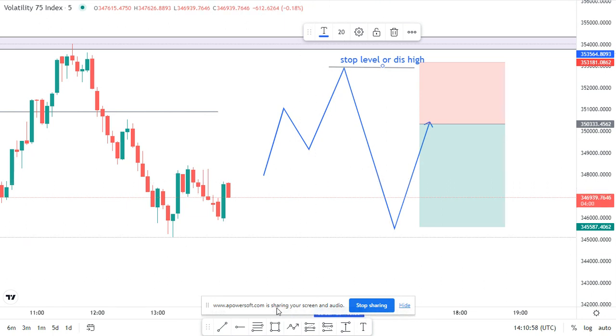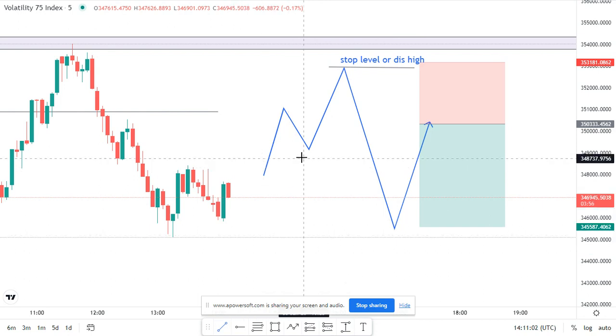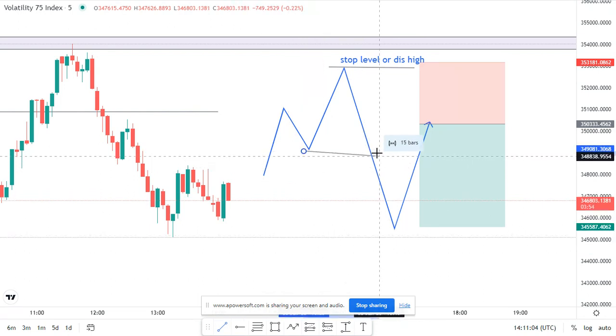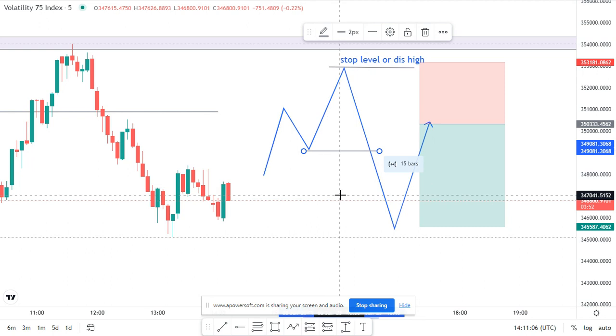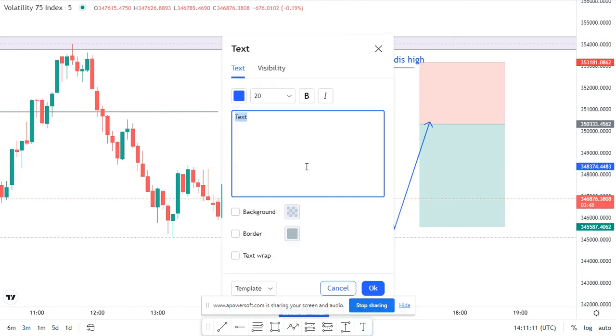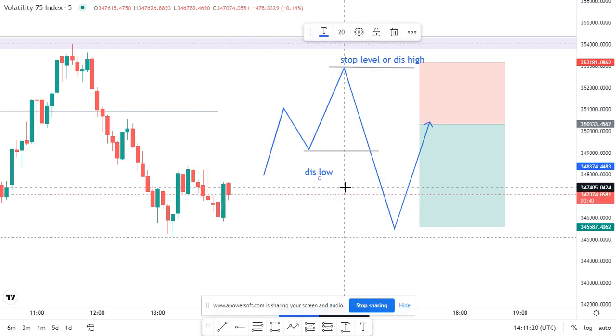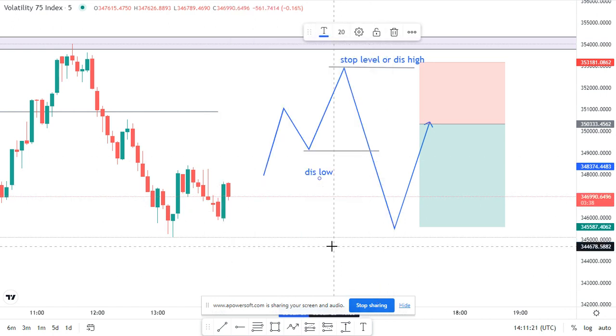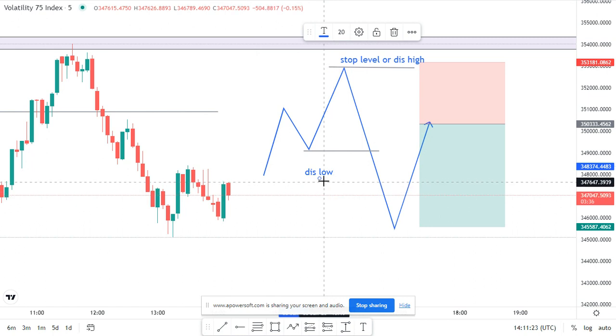This is our displacement low. You want to see price break this low aggressively, like with a big candlestick.